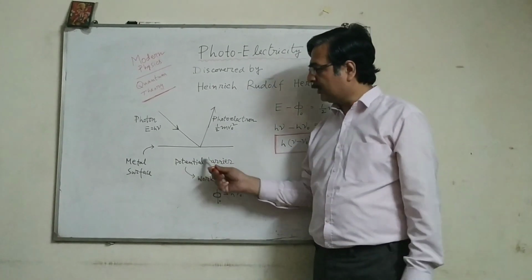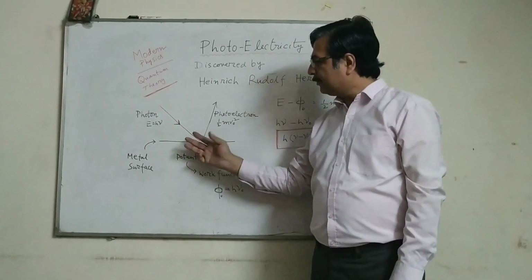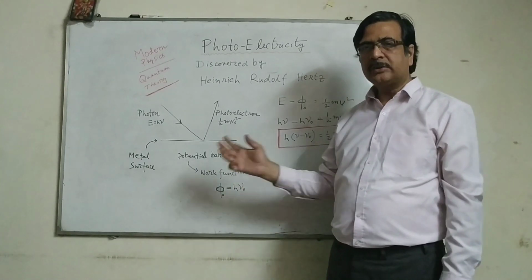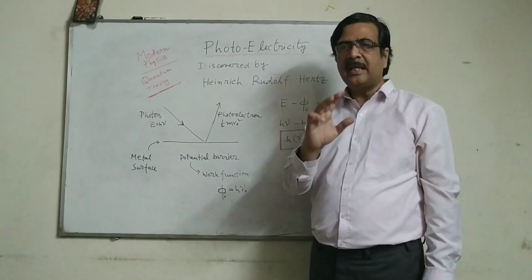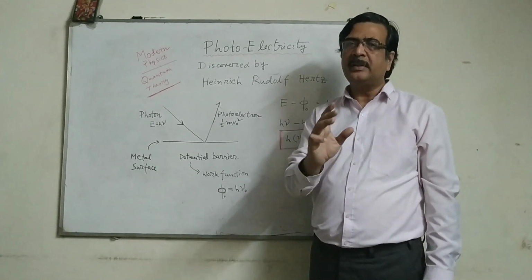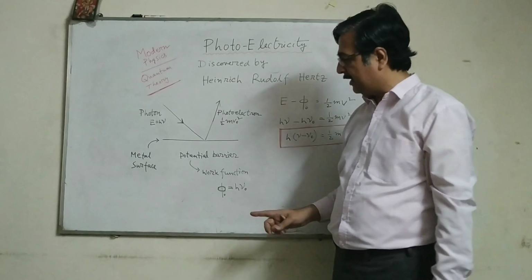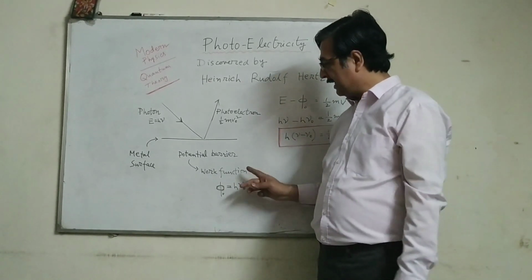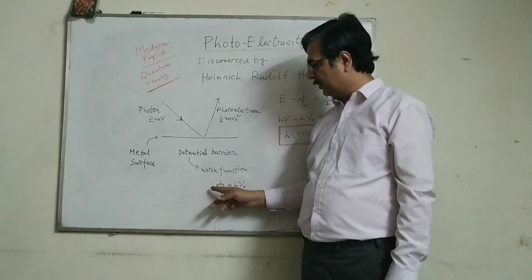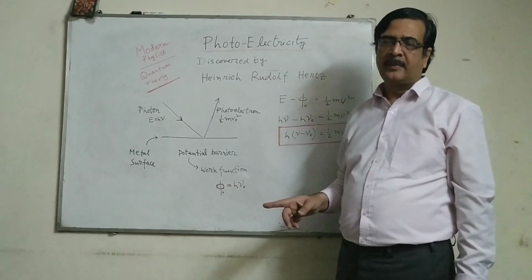The free electrons cannot overcome that potential barrier, so some extra energy is needed. The minimum energy to overcome the potential barrier is called the work function, denoted either W naught or phi naught.